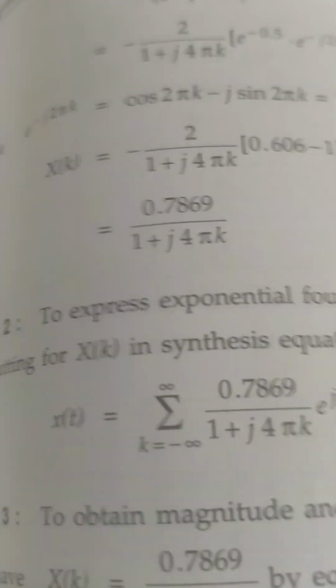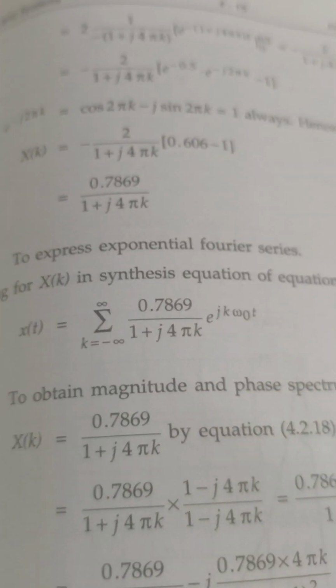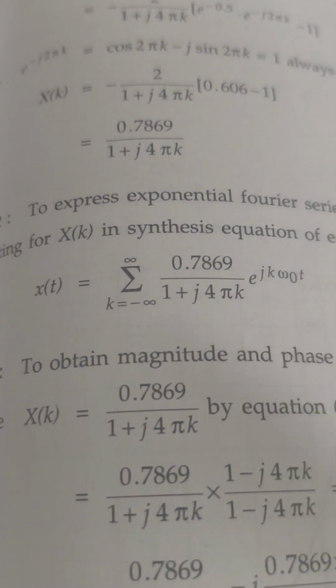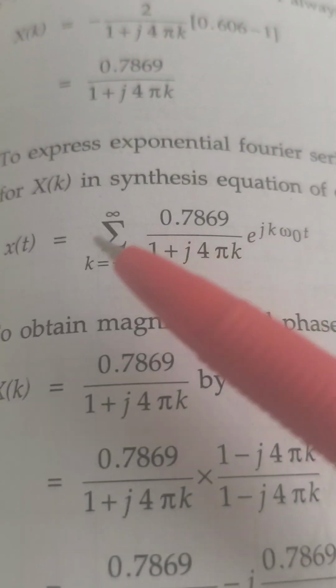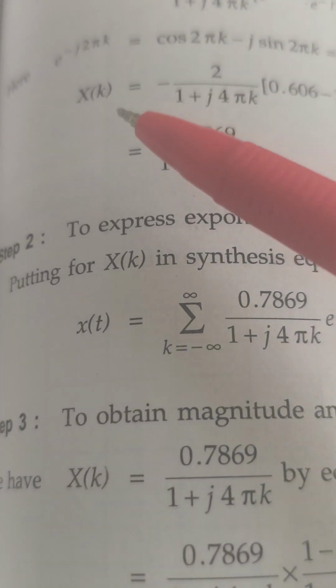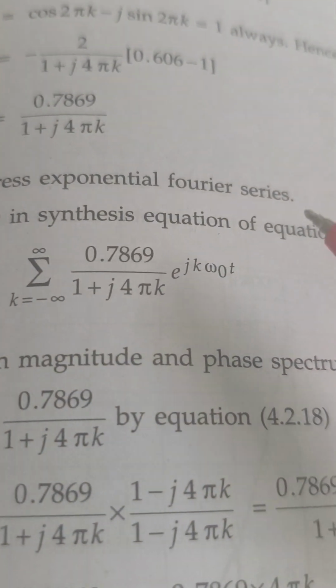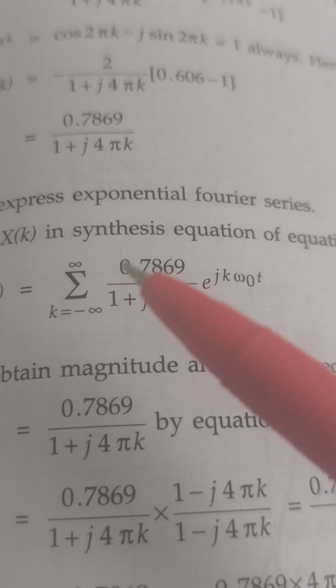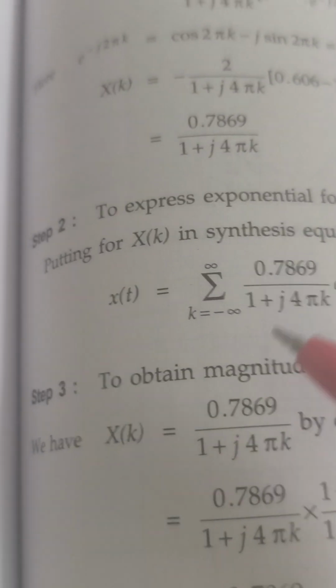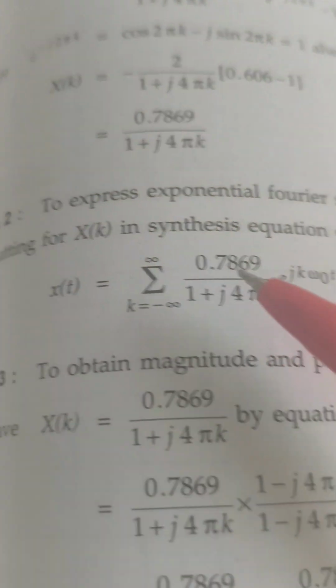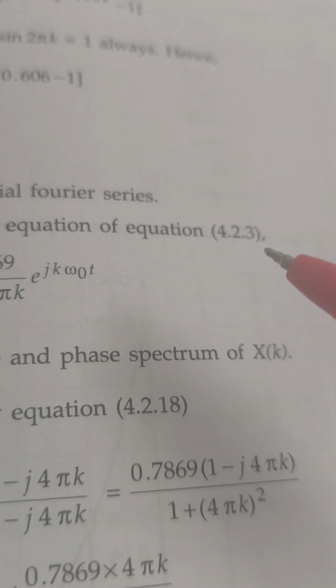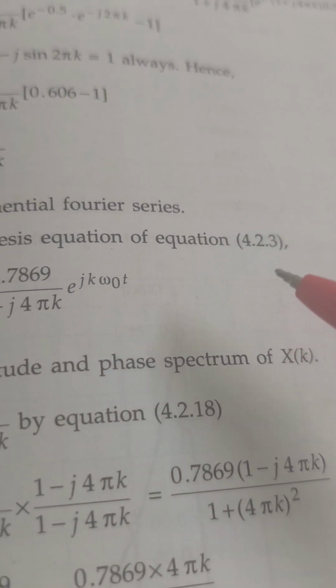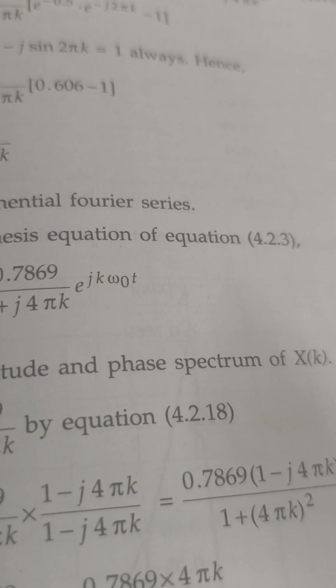The next step is to express the exponential Fourier series. To express this X of k in the form of the exponential Fourier series, we put X of k in the synthesis equation, equation 4.2.3.